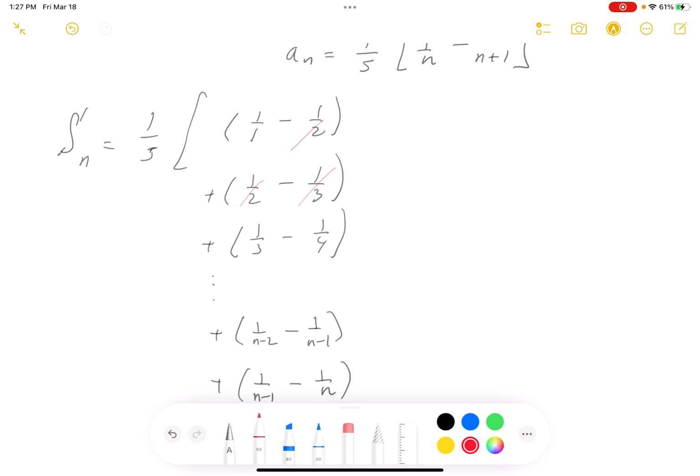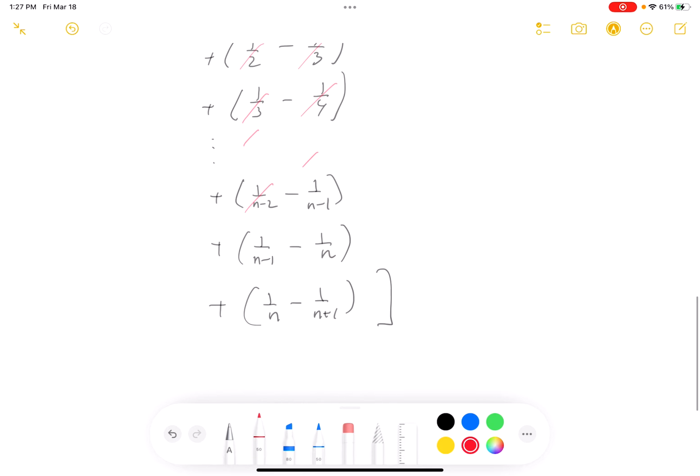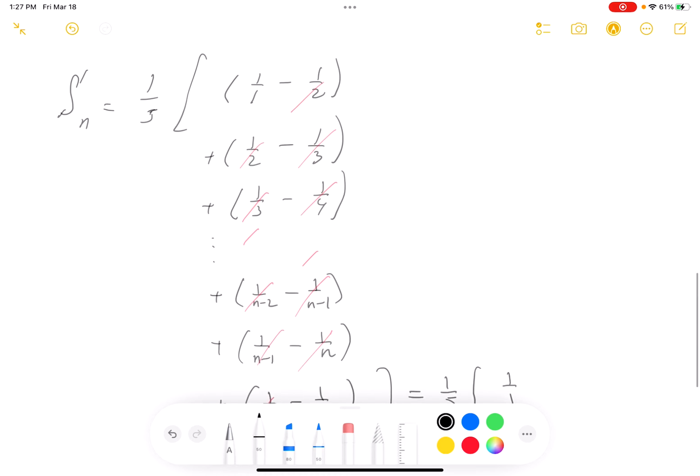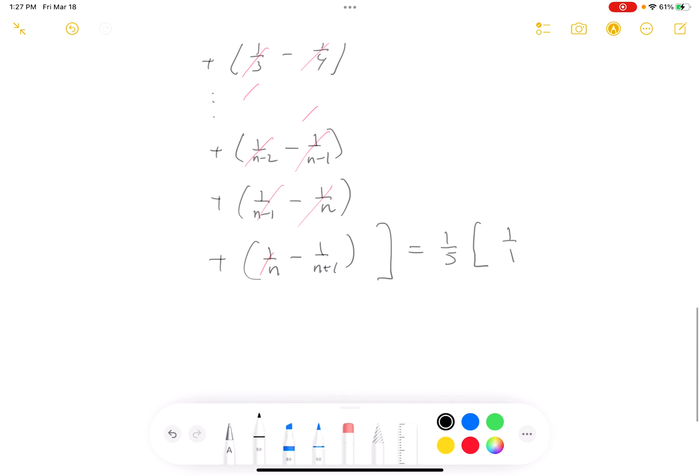This disappears, this disappears. I hope you realize, you know, written down, this guy would make this one disappear. Everything in the center disappears. This disappears. This disappears. And what are we left with? Let's write it down. We're left with 1/5, 1 over 1, and then look at all these things crossed off, minus 1 over n plus 1.